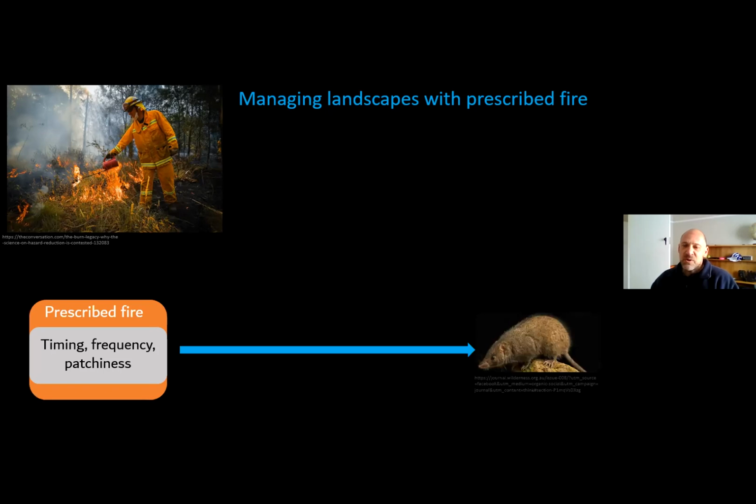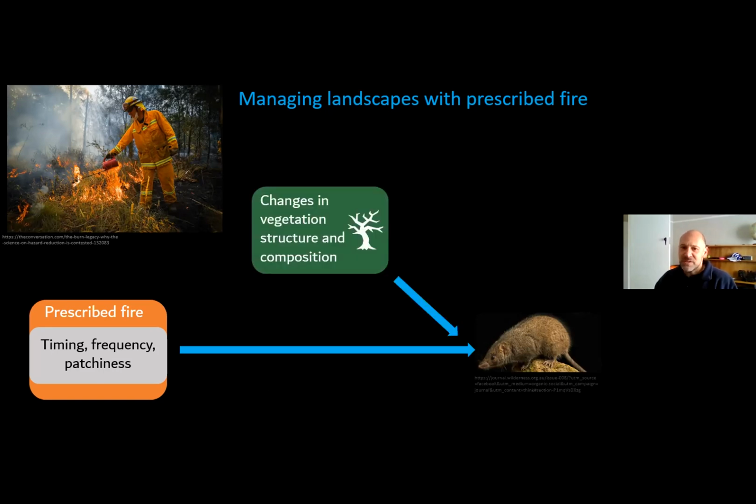Now, species might be responding to fire directly, and by that I mean that there's a direct correlation between aspects of the fire regime and indices of species abundance, say, or species might respond to fire indirectly. A good example of this is that we know that species often respond to vegetation structure because vegetation provides important resources, and aspects of vegetation structure are also mediated by fire.